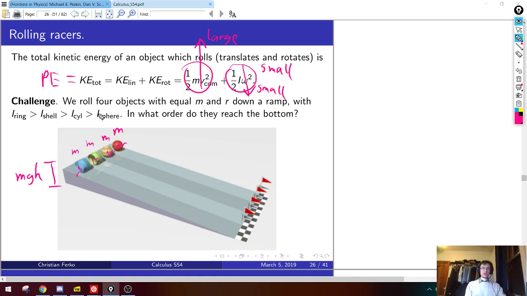So the one with the smaller moment of inertia is spending less of its energy on the second term and more of its energy on the first term, which means the velocity is faster, so it's going faster.